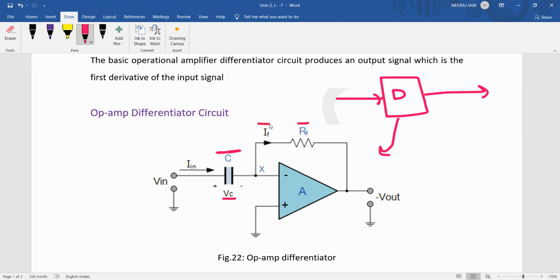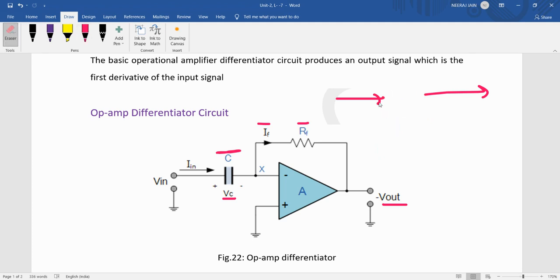If is the feedback current. And Vout is the output. Here the minus sign is used because it is the inverting amplifier. Now it is the differentiator circuit by which we can get the output which is the differentiation of the input.